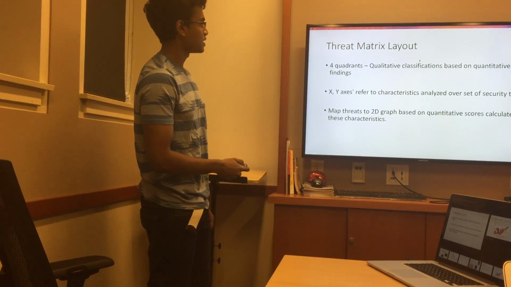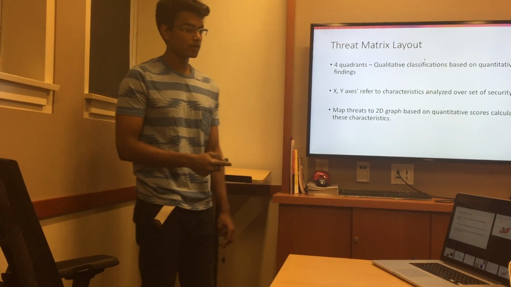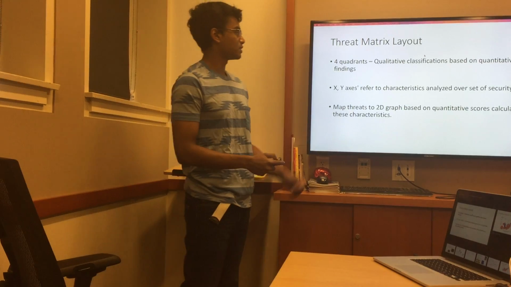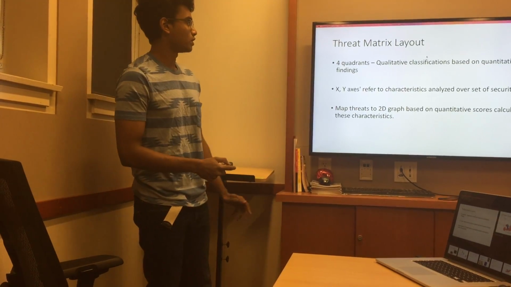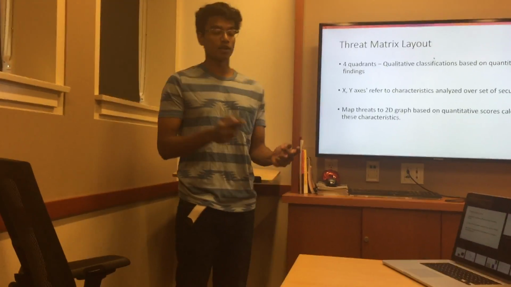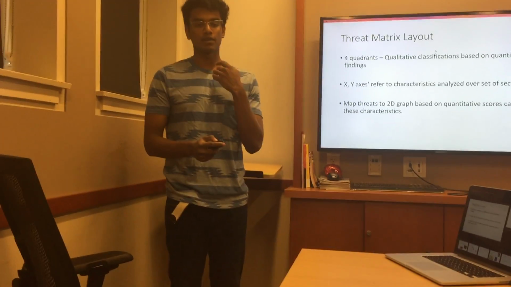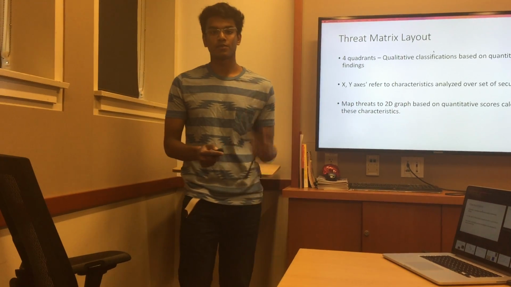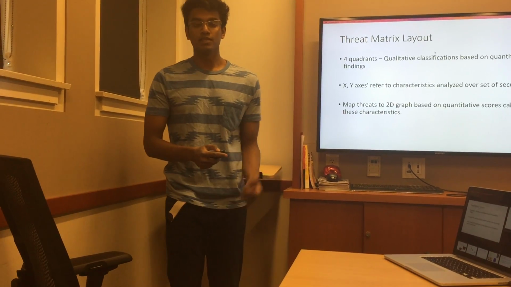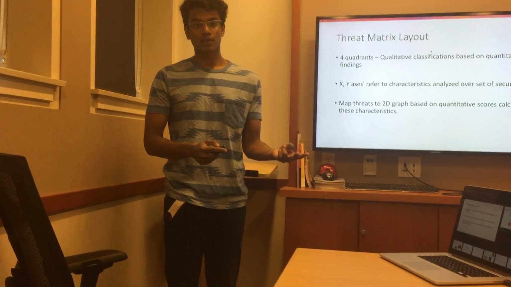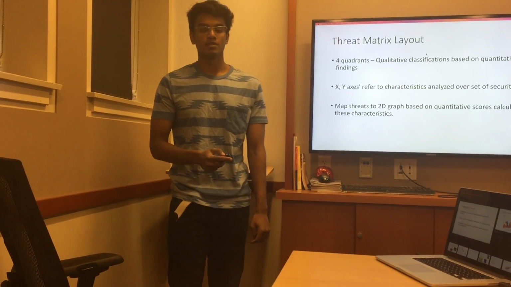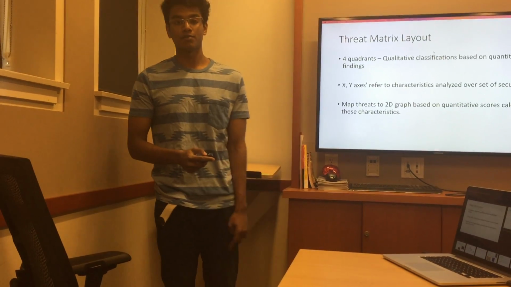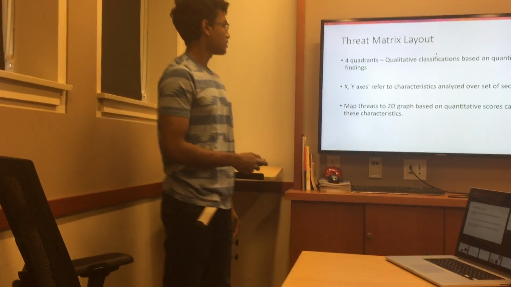So basically, I'm presenting a threat matrix, and each of these threat matrices is based on 4 quadrants, and these 4 quadrants have qualitative classifications, which are based on quantitative scores, which I've gathered data and calculated on. Specifically, the 2 matrices I'm going to be focusing on today are ease of attainment versus mass casualties, and the second matrix is economic cost versus psychological damage of a terror event.